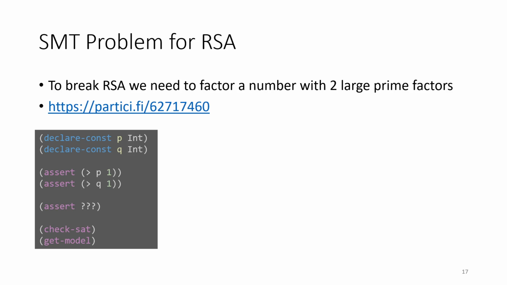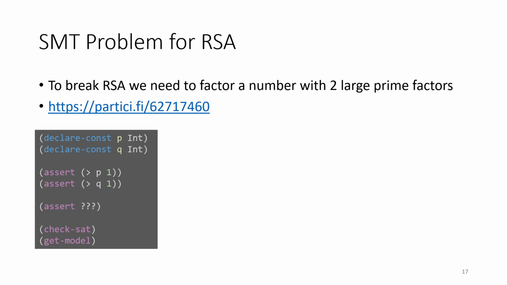So if you can factor a number and you find the two components that are prime numbers and that together multiplied give you the public key, then you can decrypt the message, right? So if somebody could find those factors, then this would be very bad for almost anything on the internet. And that's also what people are expecting, that quantum computers can do this, right? So why not try it with SMT solvers? Maybe they can also do it.